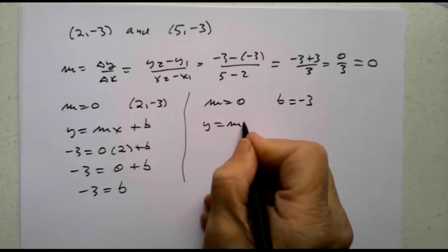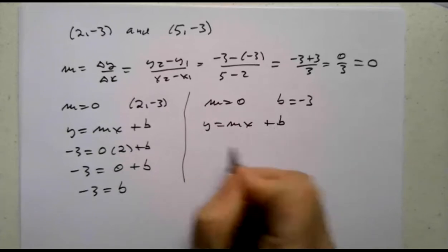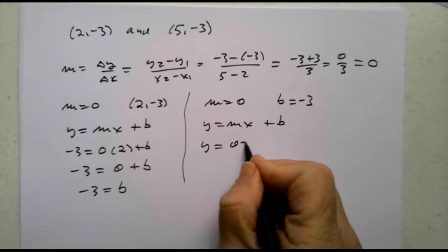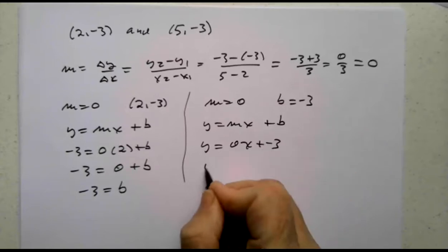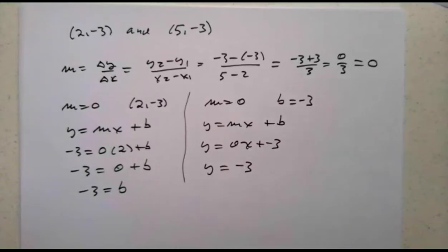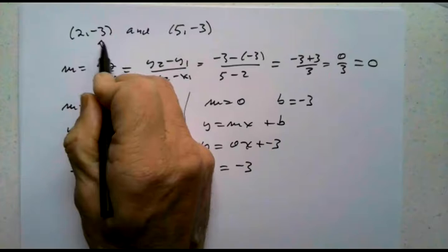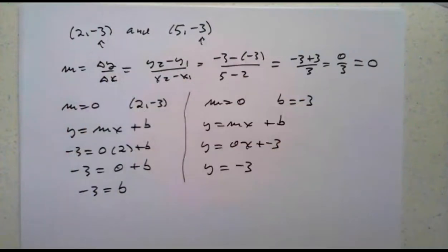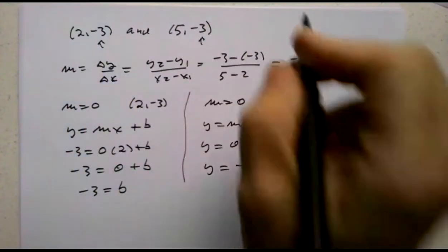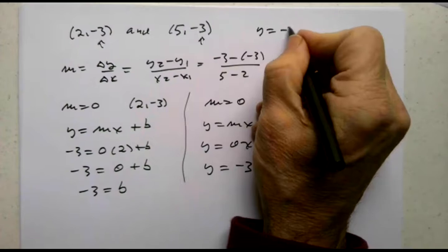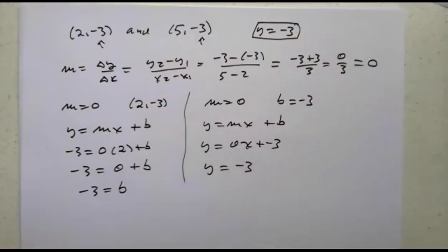Slope-intercept form, y equals mx plus b. Y equals 0x plus -3, which is the same as saying y equals -3. Now, notice here, y equals -3. So you might have been able to look at that directly and just say the equation for that is y equals -3. And indeed it is.